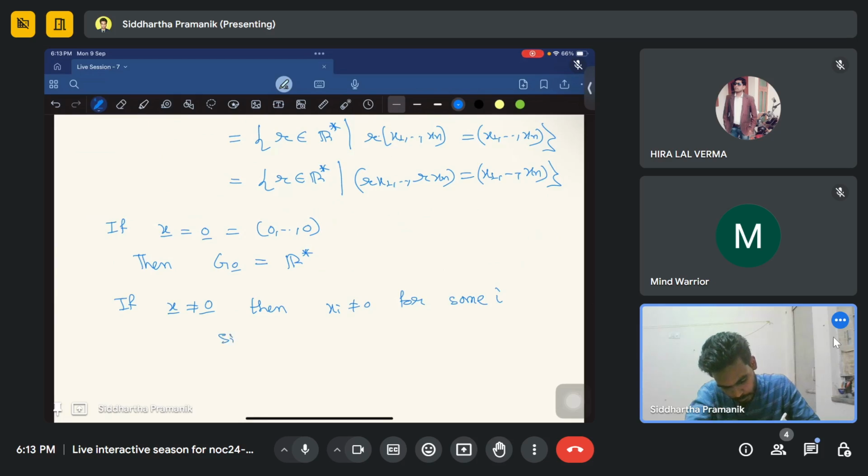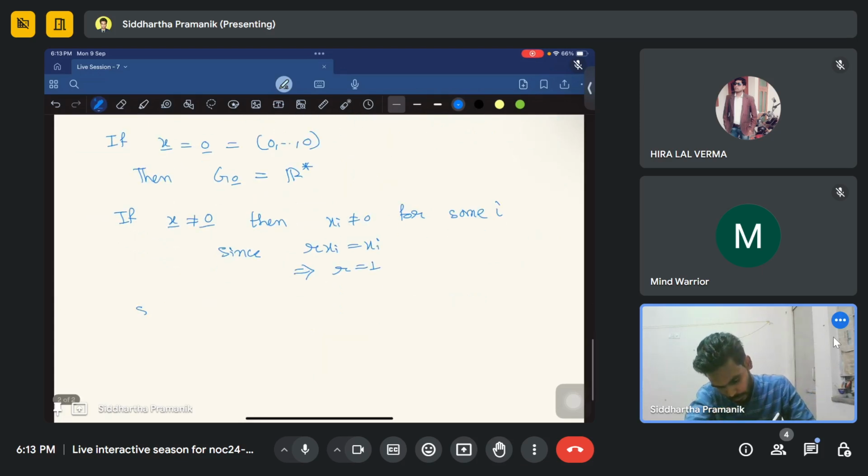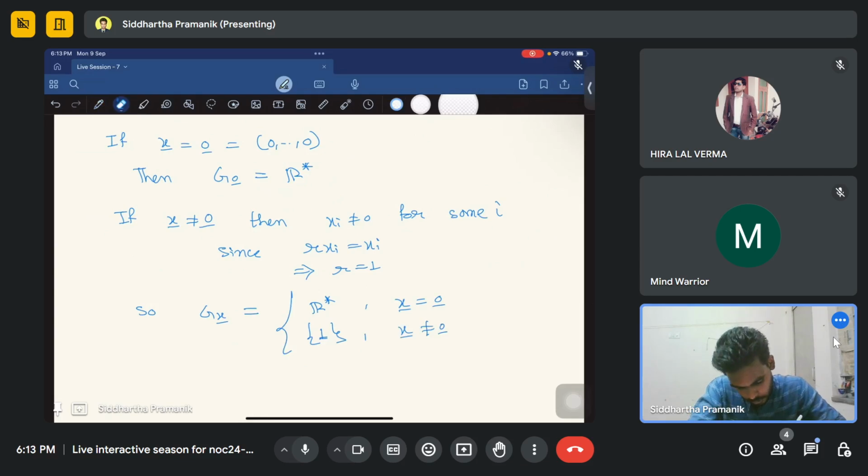Since r xi equals xi, we can cancel xi from both sides, so that gives r equals 1. So in this case the stabilizer of x bar is R star if x equals 0, and it is just the singleton set {1} if x is non-zero. I hope you have understood this.